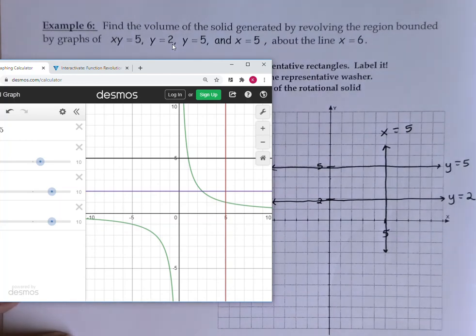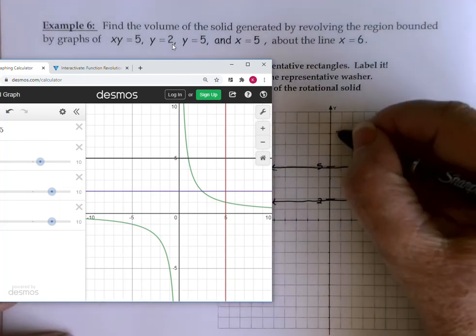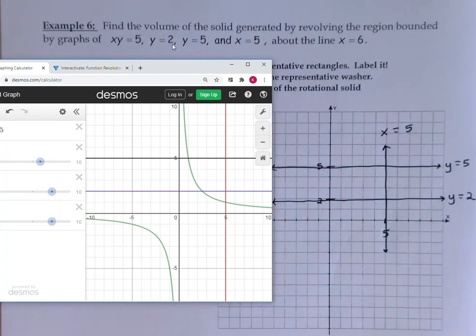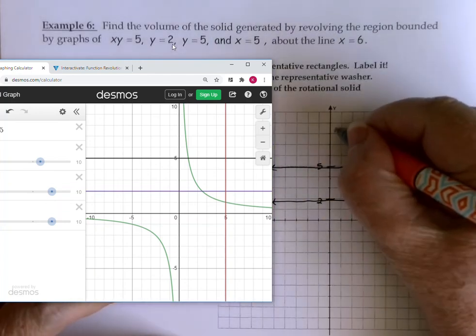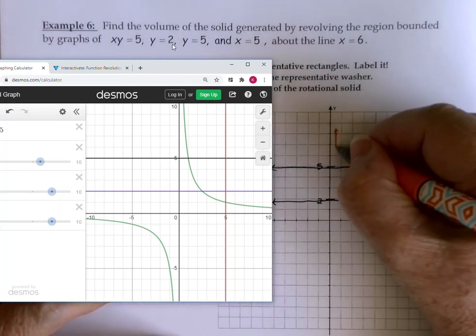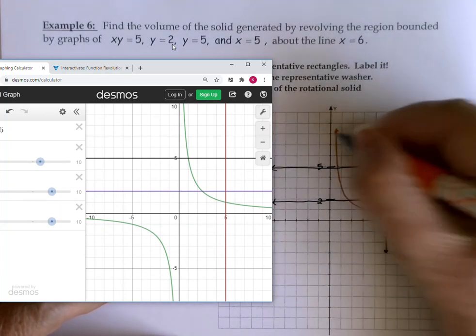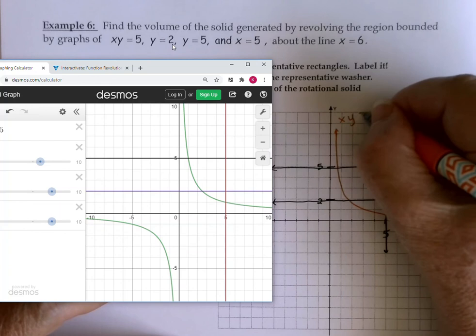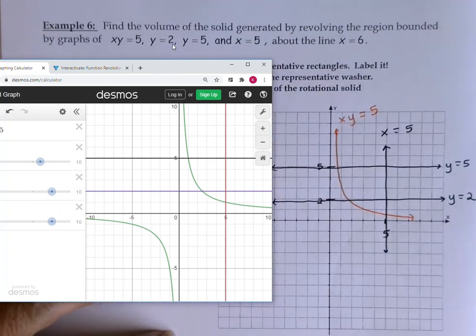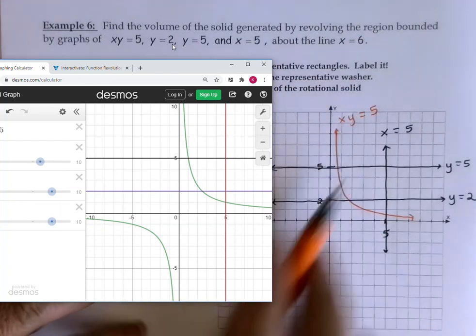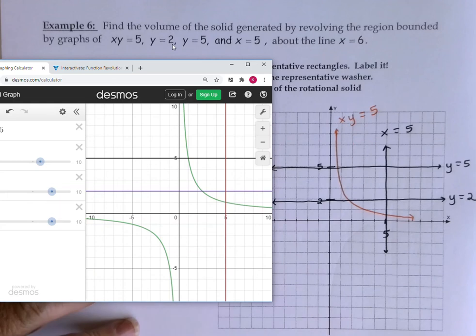And then the xy equals 5 kind of comes down and cuts through like this. Let me use a different color. The other piece of that curve is over here, but since it doesn't have anything to do with my region, I'm not going to bother drawing it.